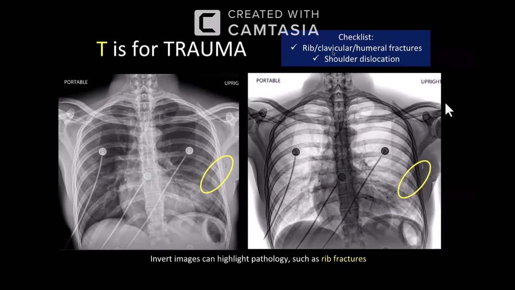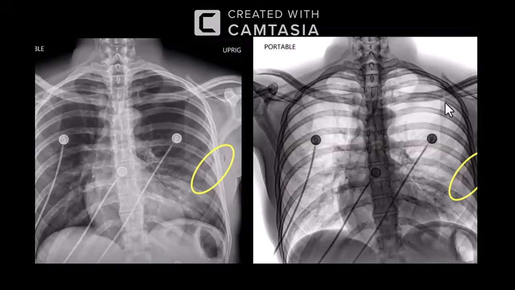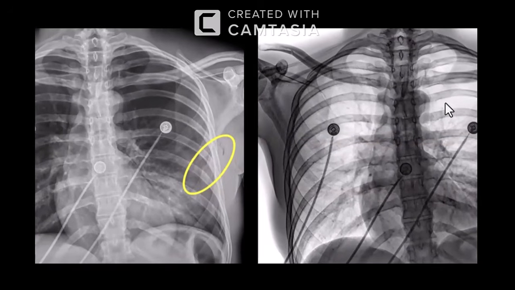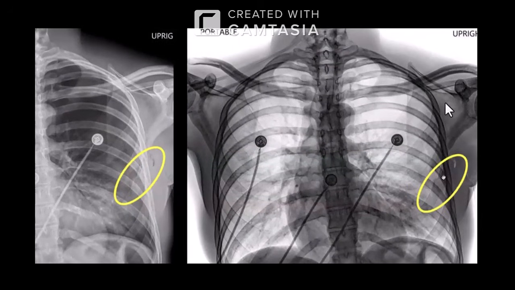Look at the ribs, clavicles, humeral fractures, and shoulder dislocation. You can appreciate a discontinuity in the rib, and on inverted images, you can see the fracture line nicely.